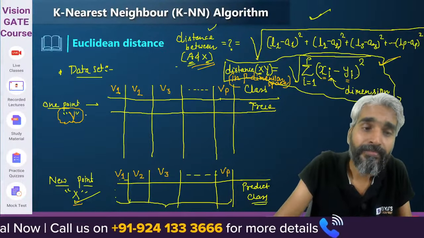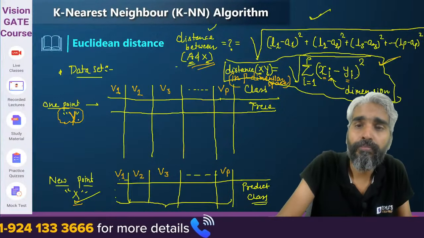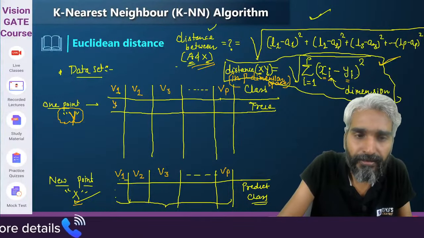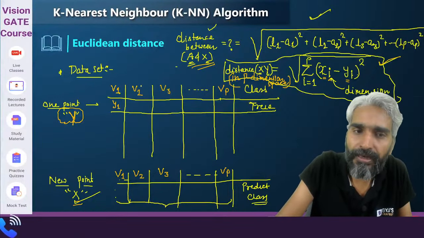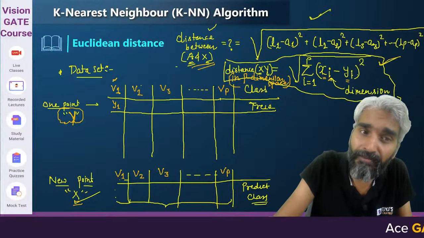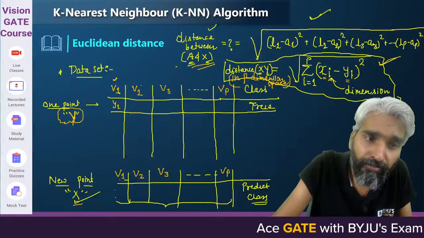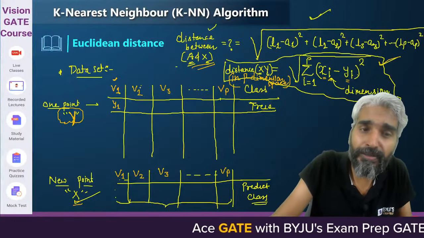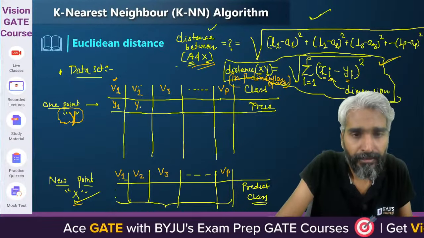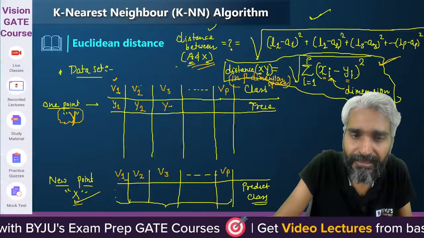Now let's assume that with respect to point y, the value of variable v1 is y1. With respect to variable v2, the value of point y is y2. With respect to variable v3, the value of point y is y3.